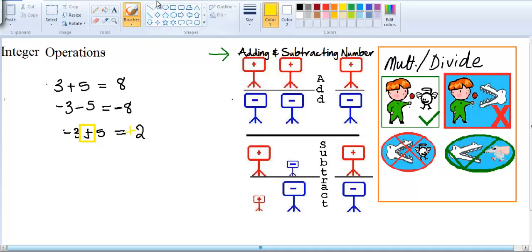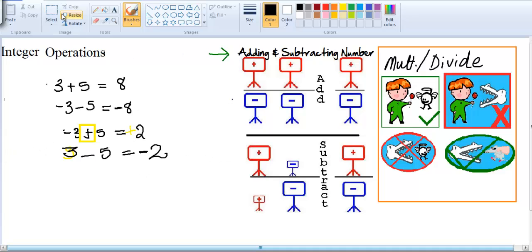And how about if we have 3 minus 5? You take away because they're different, conflicting signs, and you take the sign of the bigger number.